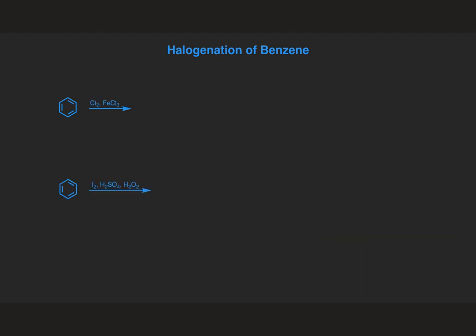Much like bromination of benzene, chlorination of benzene uses Cl2 and FeCl3. And again, the first thing that we have to do is generate a very strong electrophile. Cl2 is not strong enough. And so if we redraw these, this chlorine is going to give some electrons to iron.